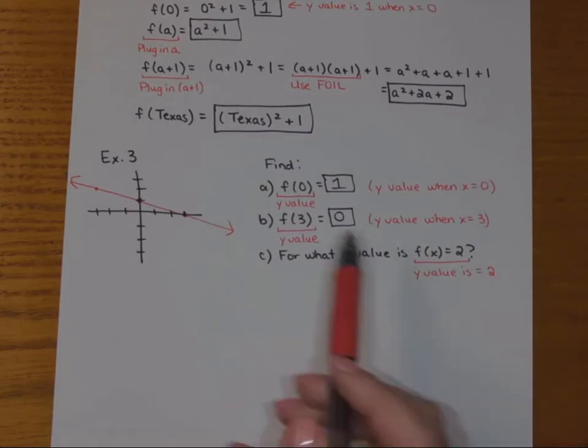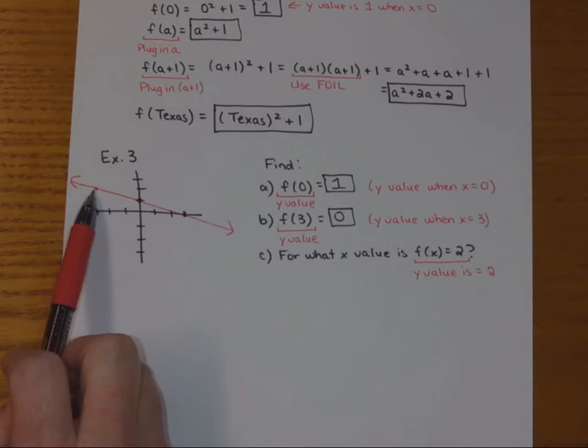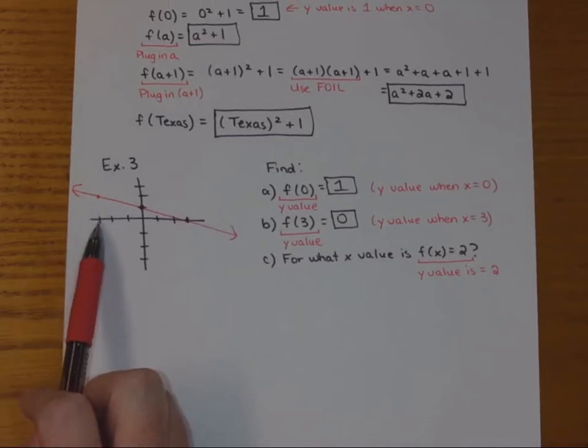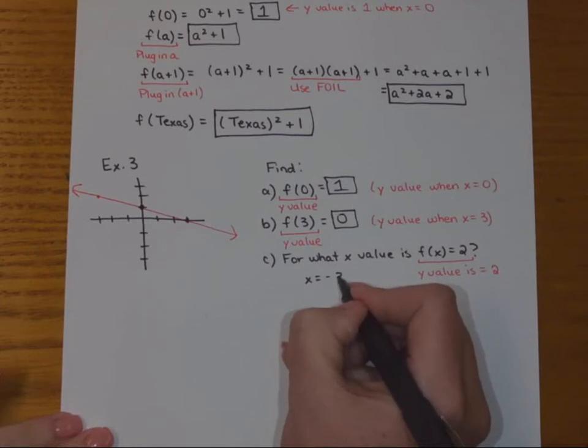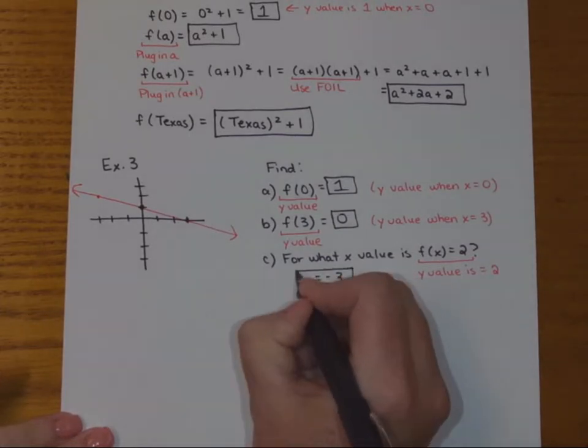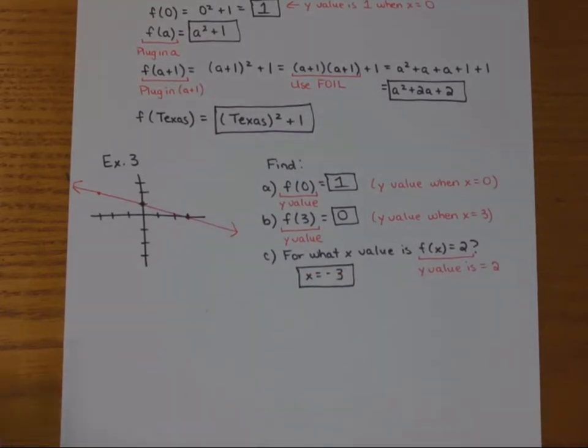So find the y value of 2, which is here, and now you just kind of trace it down and figure out what x value it was. So notice the x value of negative 3 is what gives us a y value of 2. Okay, so just make sure you realize when you see f of x, when you see f of 2, when you see f of 0, all of those things in function notation, f of something means find the y.